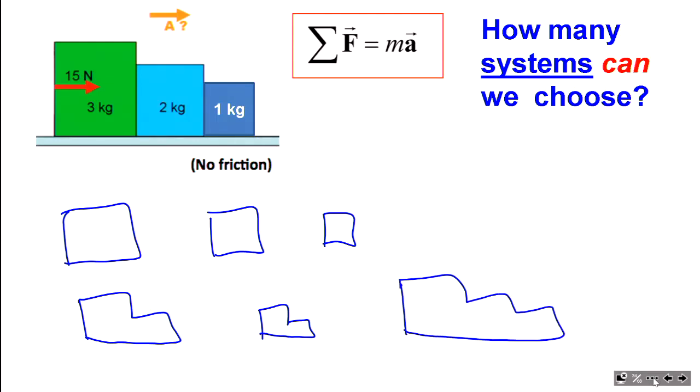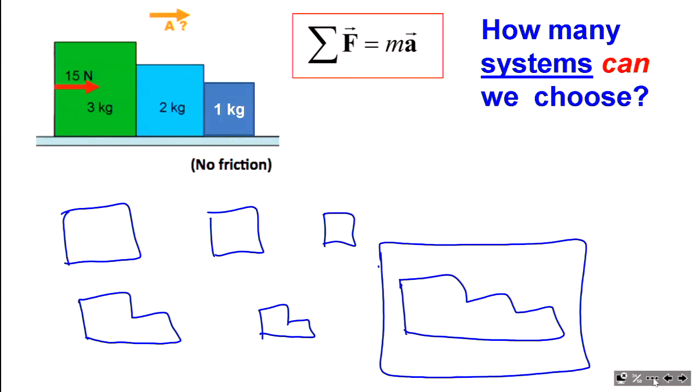Now, based on our previous experience, the first law we should write should be written for the whole system. Because Newton's second law will automatically let us calculate the acceleration of the whole system, of all 3 objects.